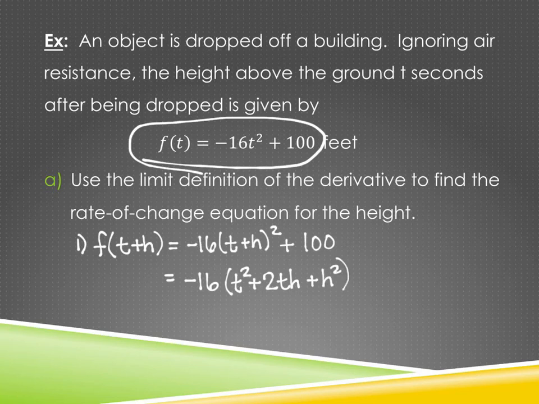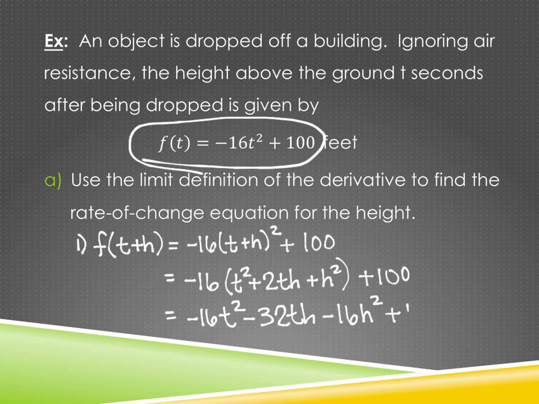If you're still not sure or can't see where that's coming from, do it all out. FOIL it out, distribute it out, and it will work that way. Plus my 100. I'm going to distribute the negative 16 through. So negative 16t squared minus 32th minus 16h squared plus 100. Okay, that's step one.